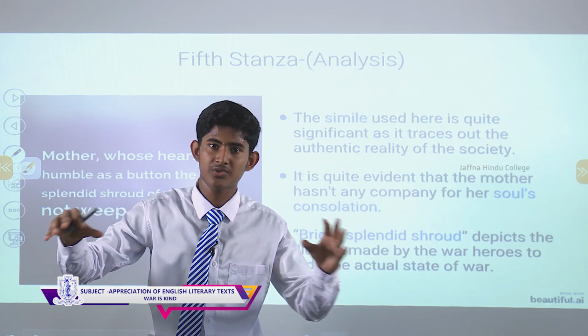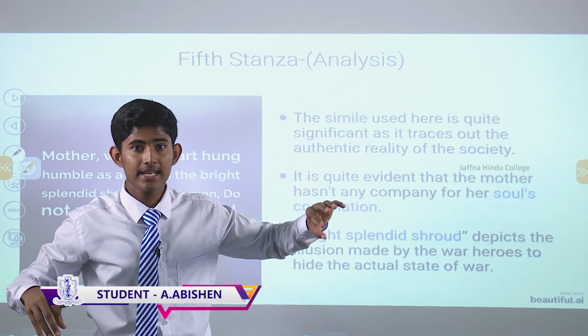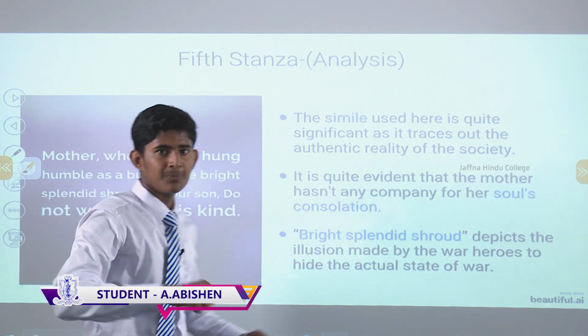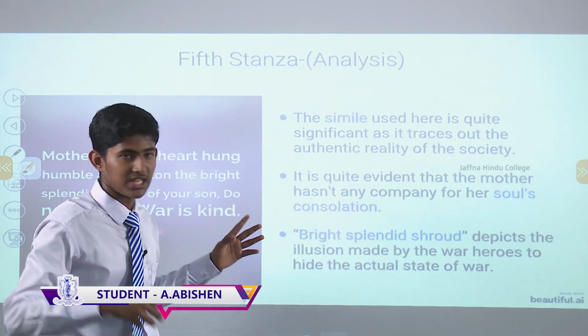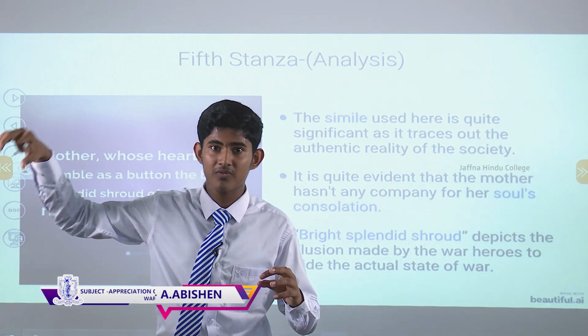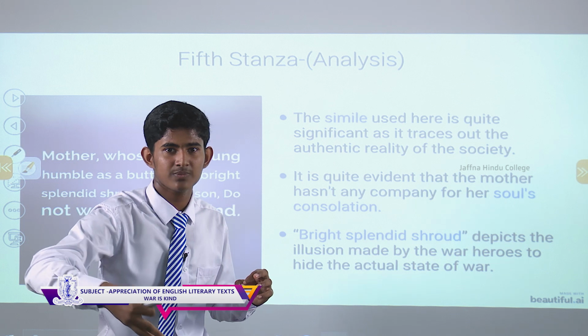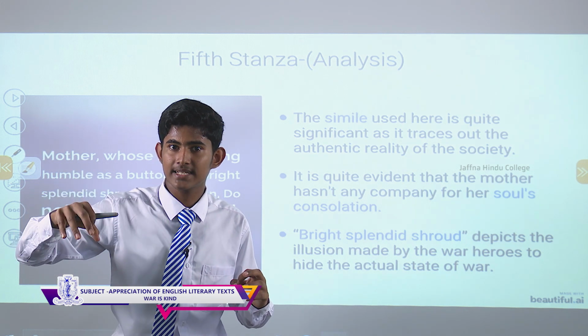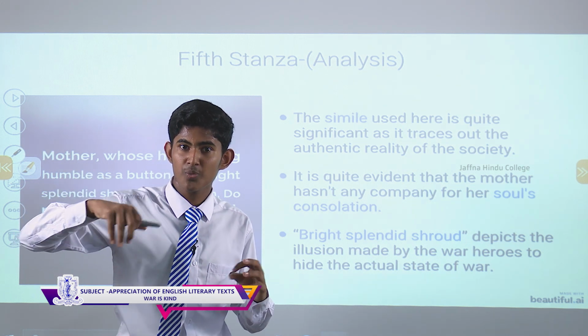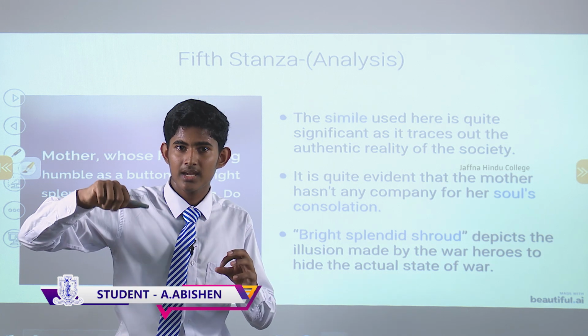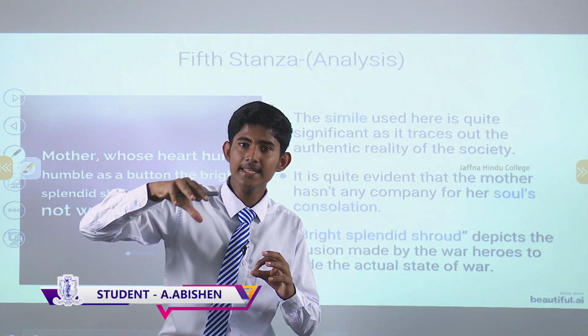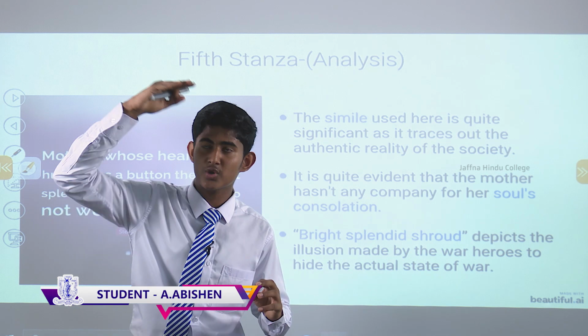A clothing that is used to cover dead bodies. And why does the poet utilize this adjective bright? In order to show the illusion made by the warmongers. They are giving the respect, but the main reason is in order to manage those problems and in order to find the war's glorification at a top level.